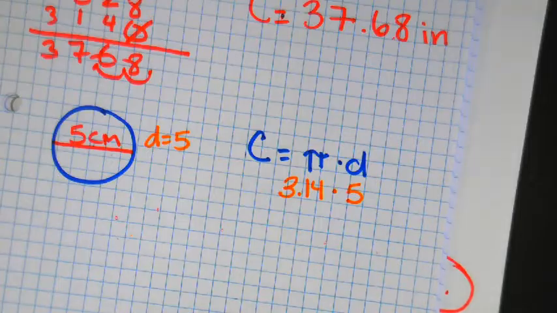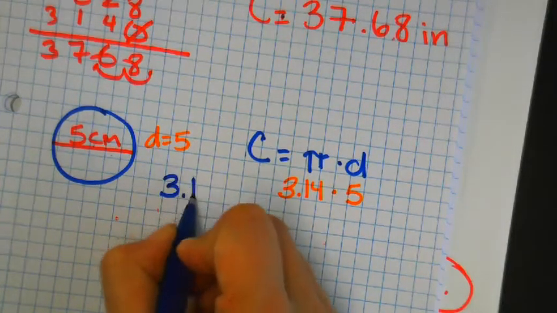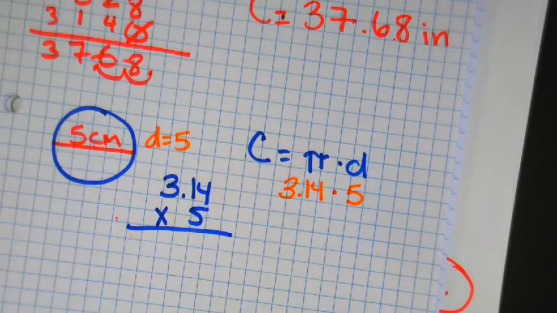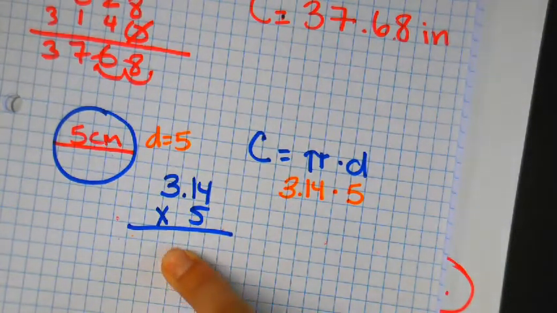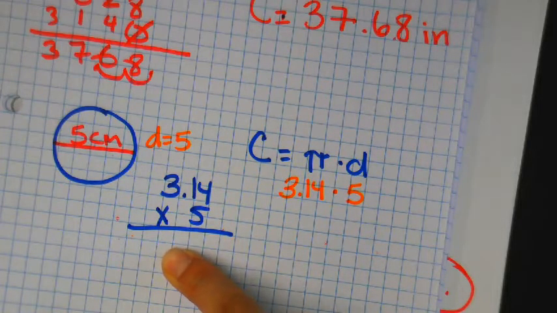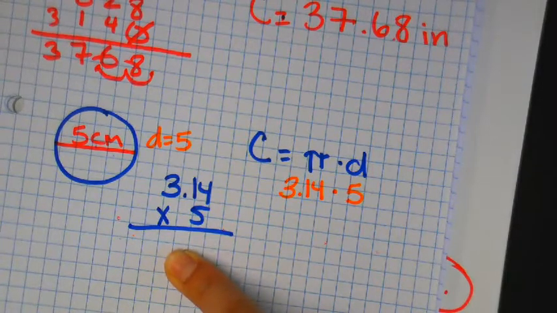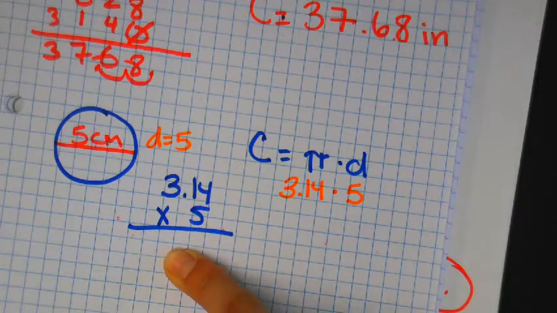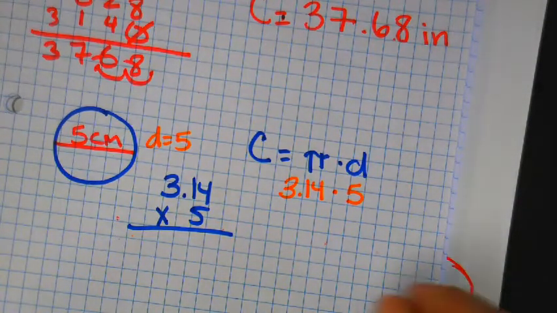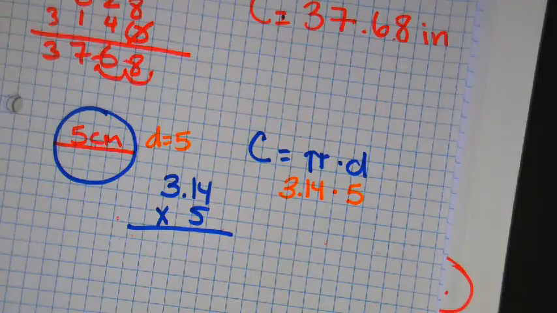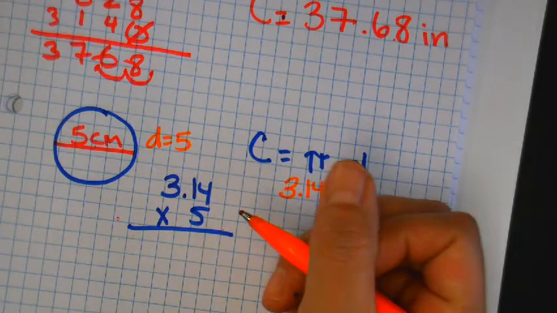So go ahead and go on this side, and you're going to have to show some work. Multiply by 5. What do we get? 5 times 4 is 20.